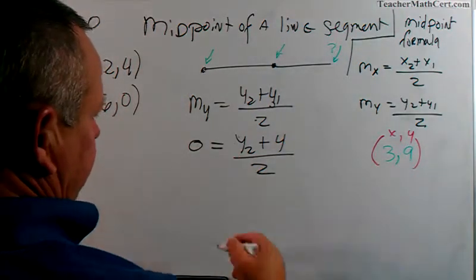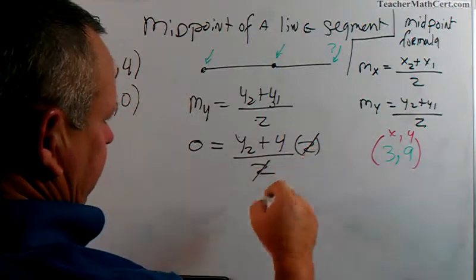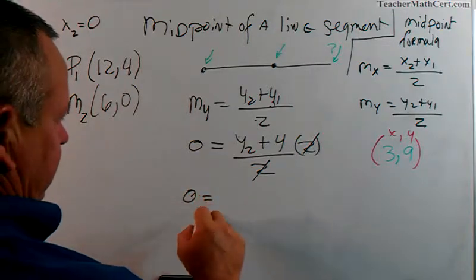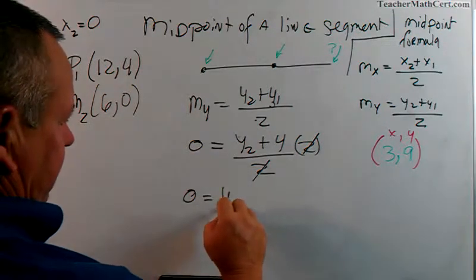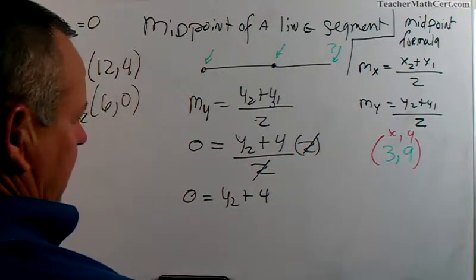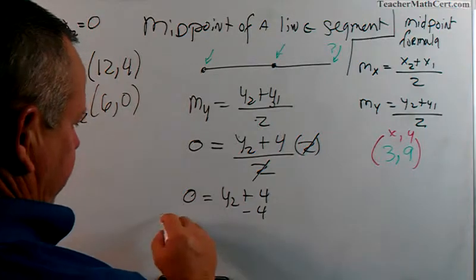So we need to get y2 by itself, so we multiply both sides of the equation by 2, to get rid of that denominator. 2 times 0 is 0. So we're left with y2 plus 4, and solving for y2, we subtract 4 from both sides.